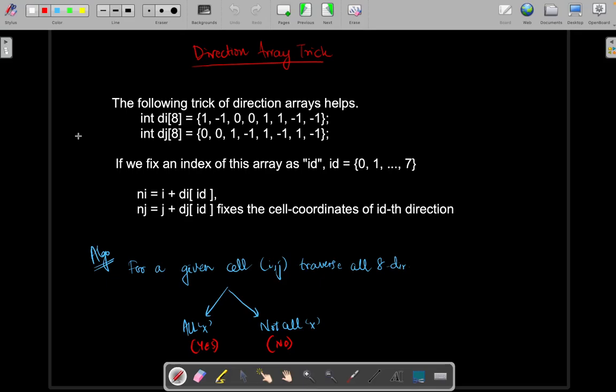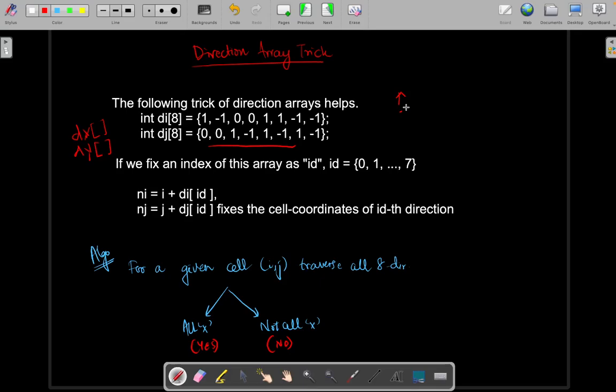You can write it that way as well, but I generally prefer to write it as di and dj, so that I have the notation of i and j. i always runs across the rows and j runs across the columns. And this one we can quickly fill up, just recalling and visualizing in our mind. Okay, let's go in that direction, then in that direction, and so on and so forth.